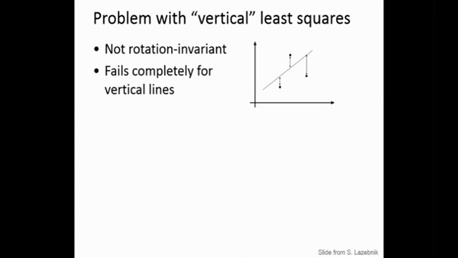So you've got a chicken and egg problem: if you knew the transformation, then you would know where the outliers are, and if you knew where the outliers were, then you could solve for the transformation just using least squares. But since you don't know either, you have to make some guesses and then check to see how many points agree with those guesses.